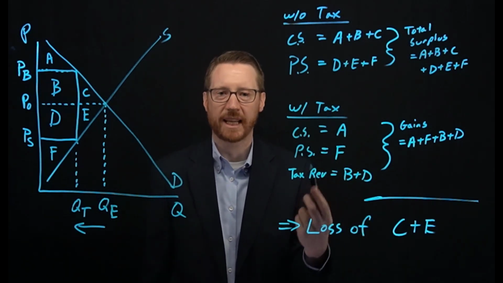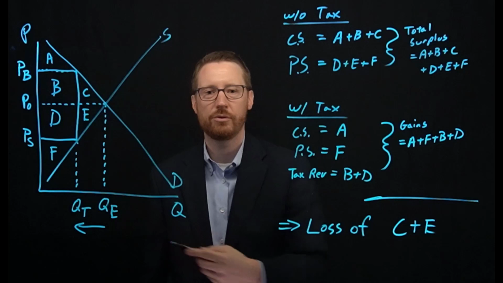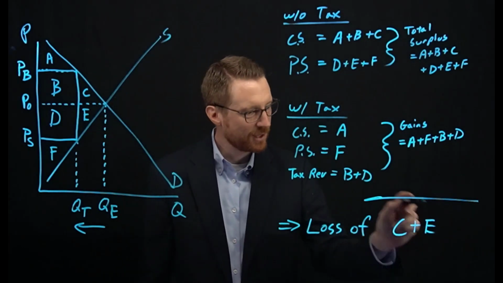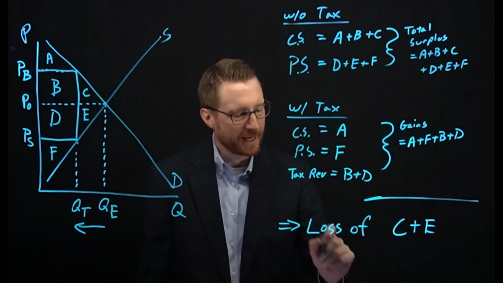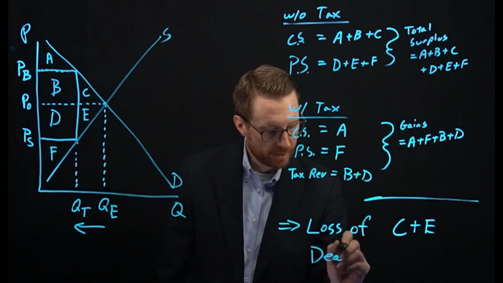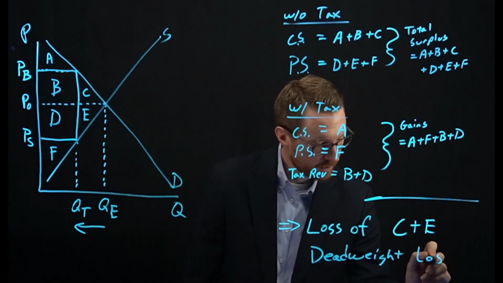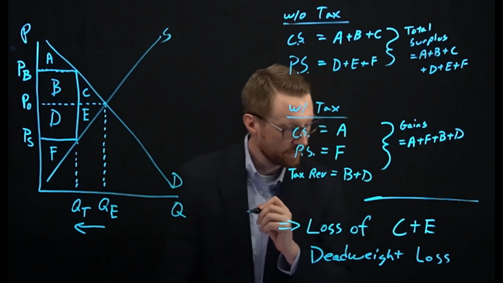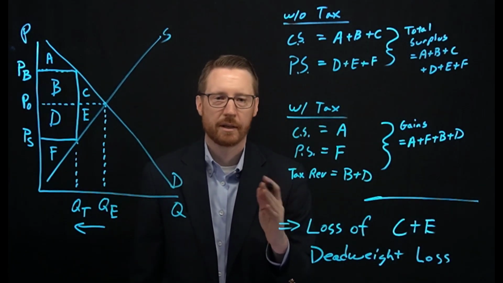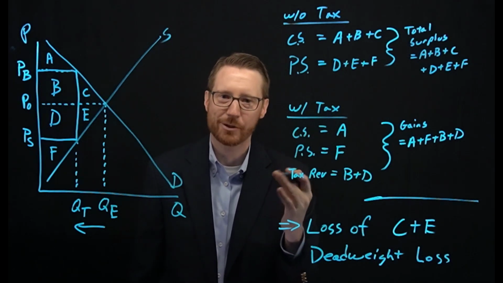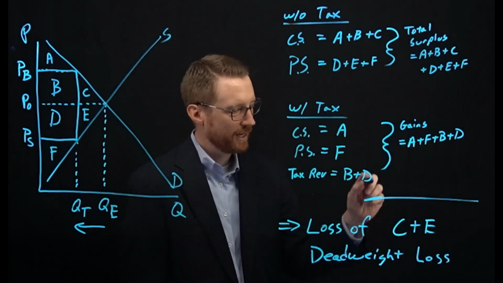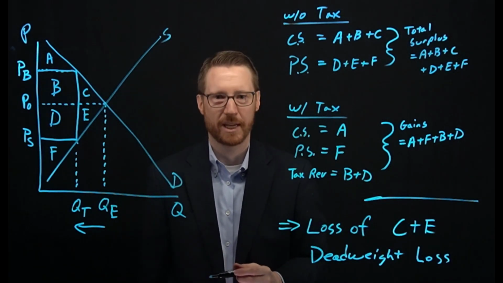Those loss of the gains, because the tax reduced the amount of trade, that's this loss of C and E. That's what economists call deadweight loss. If trade is good, less trade isn't as good. This reduction in trade is a deadweight loss of C and E.